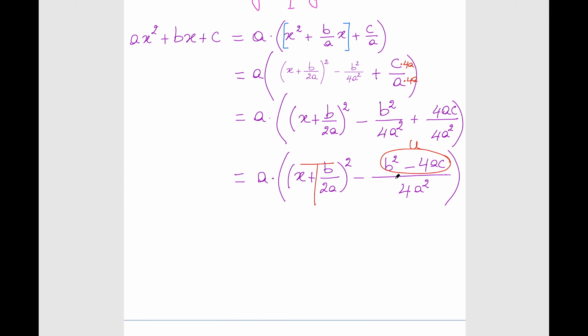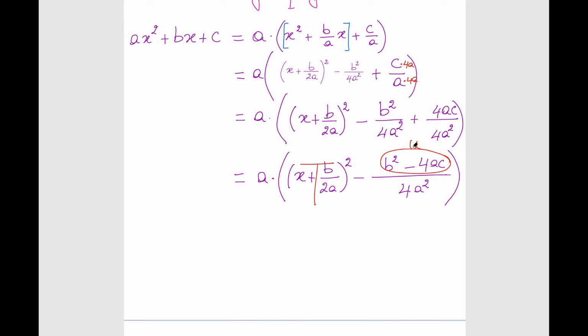I'm talking about everything between the big parentheses, so technically everything except a in the last expression. That thing can be thought of as the square of something. Let's call this thing t. And this thing can be thought of as u.